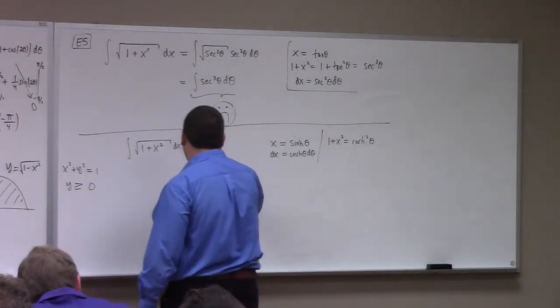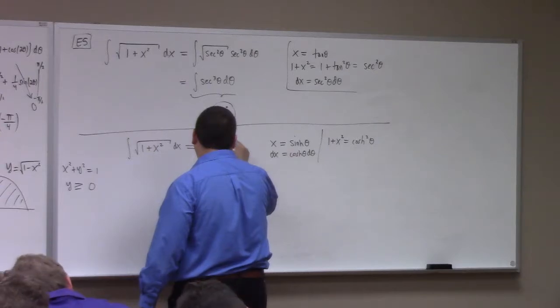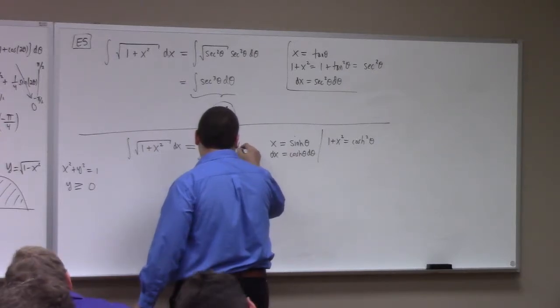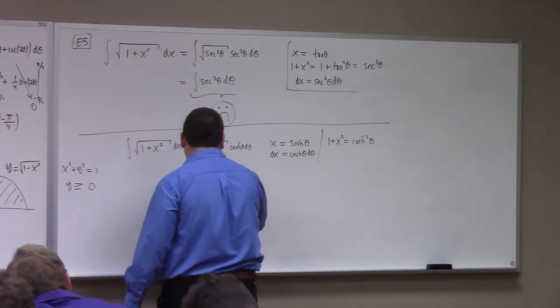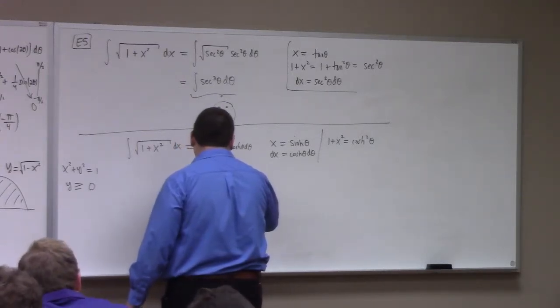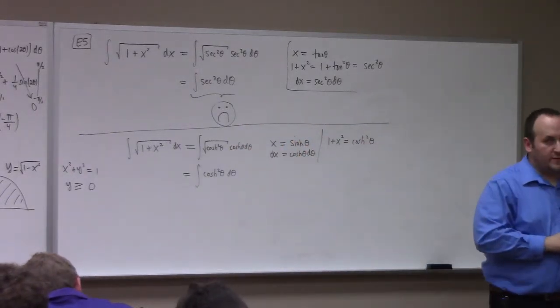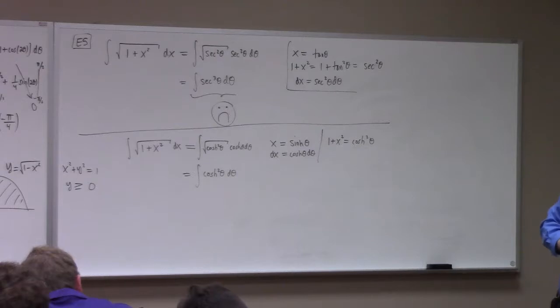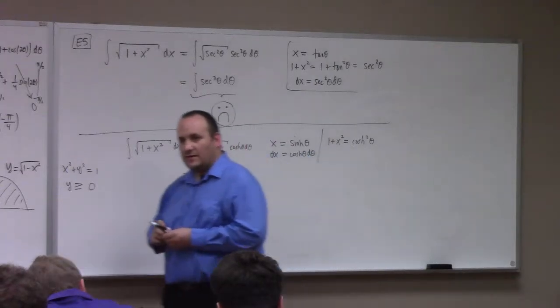So this integral becomes the square root of cosh squared theta, cosh theta d theta, aka the integral of cosh squared theta d theta. Okay. Then the question is, how do you integrate cosh squared theta?